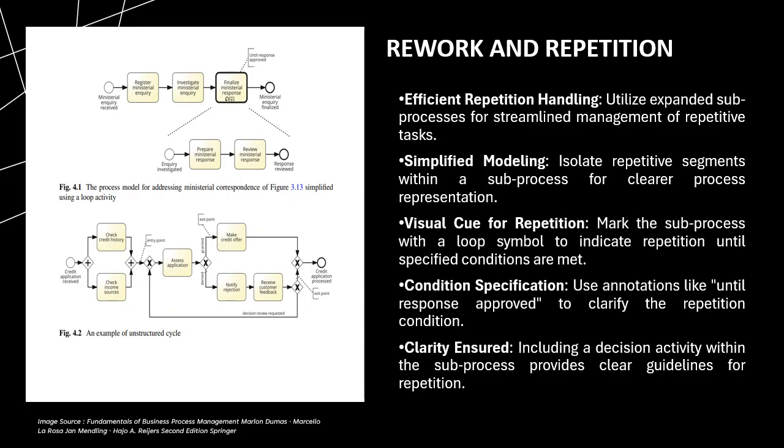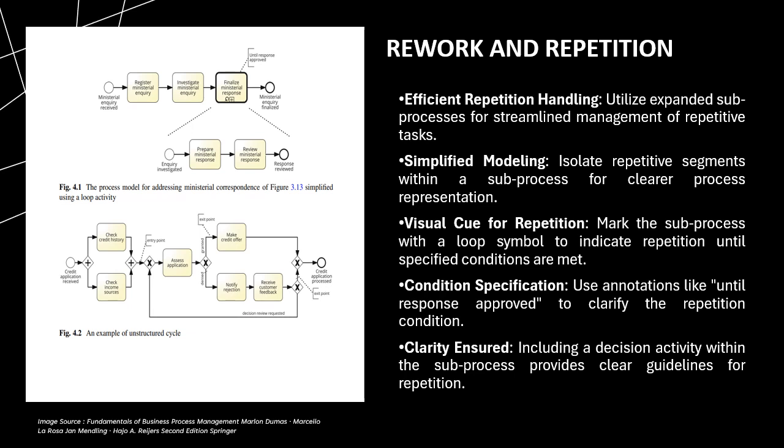Talk about rework and repetition. Let's have a look at how we handle such a scenario. Efficient repetition handling: utilize expanded sub-processes for streamlined management of repetitive tasks. Another thing is simplified modeling: isolate repetitive segments within a sub-process for clearer process representation.